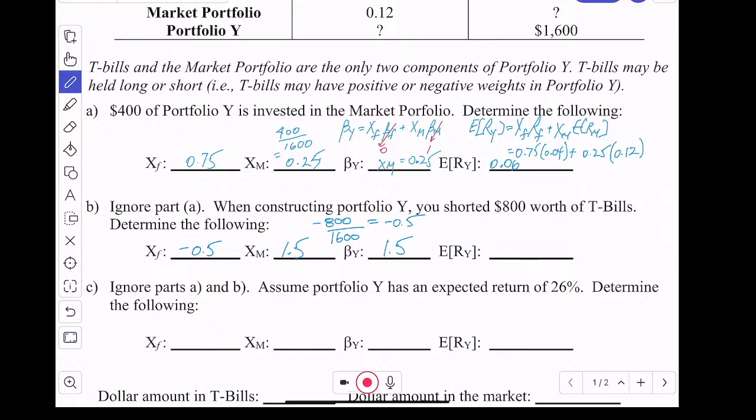And then to calculate the expected return on this portfolio, we use the weighted formula up here, the weighted return, and we get negative 0.5 for the risk-free times 0.04 plus 1.5 for the market times 12%.